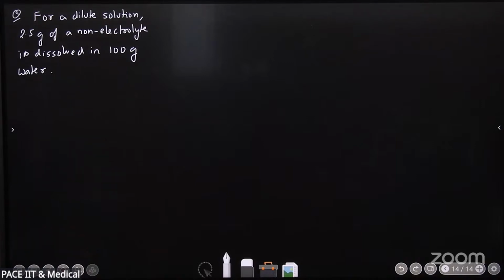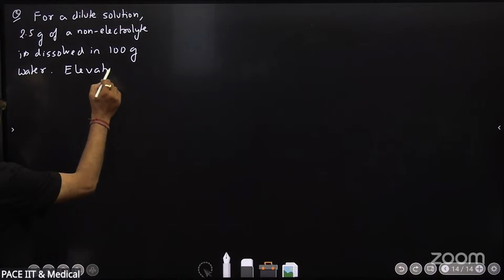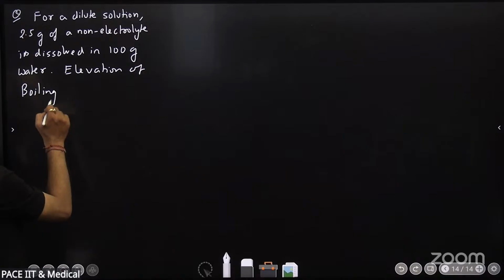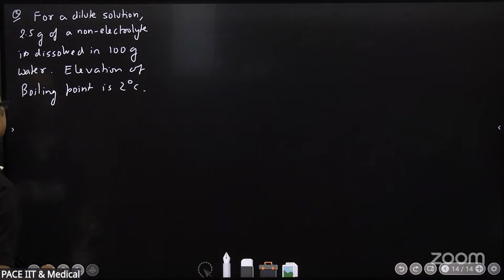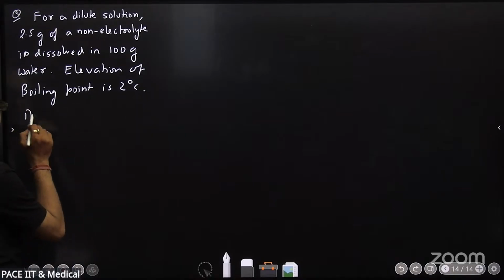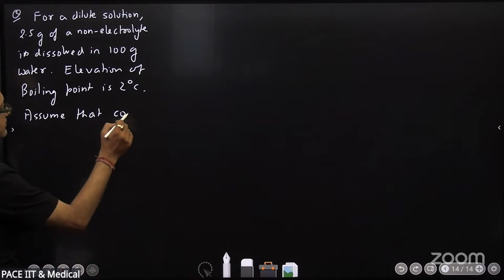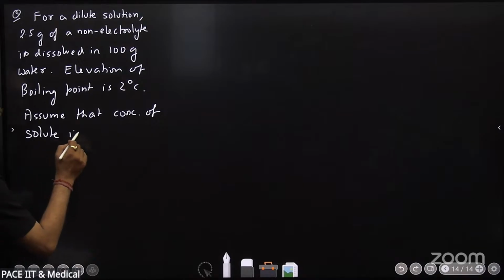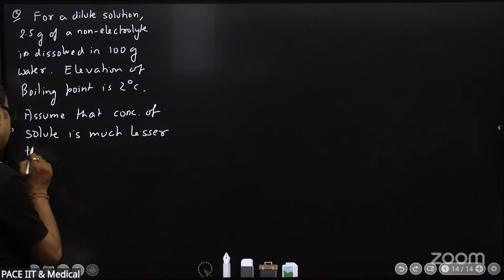The elevation of boiling point is 2 degrees, and assume that the concentration of solute is much lesser than solvent.